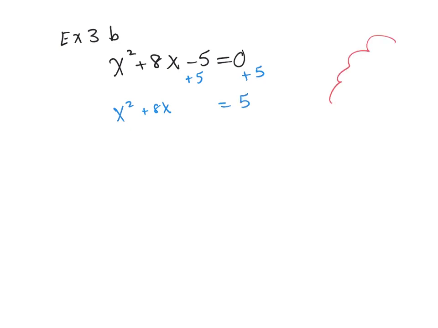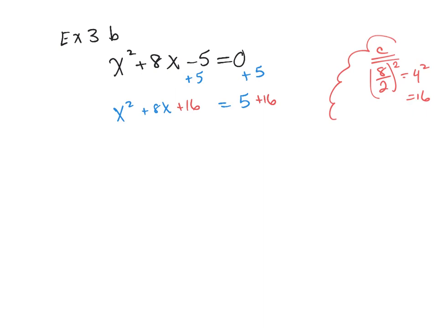Now we're going to find our ideal c, our perfect c that makes this a perfect square trinomial, okay? So we're going to take our 8, divide it by 2, and square it. So that's 4 squared, or 16. So we're going to add 16 to both sides. What you do to one side, you have to do to the other. Now we force the left-hand side to be a perfect square trinomial.